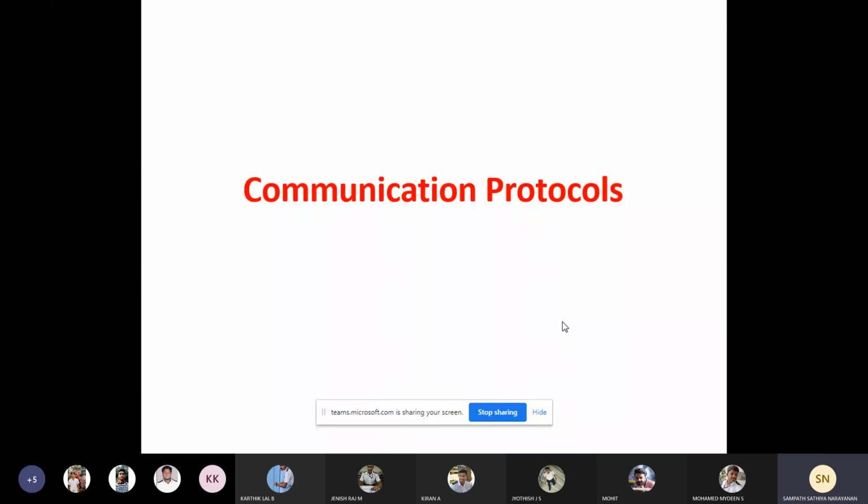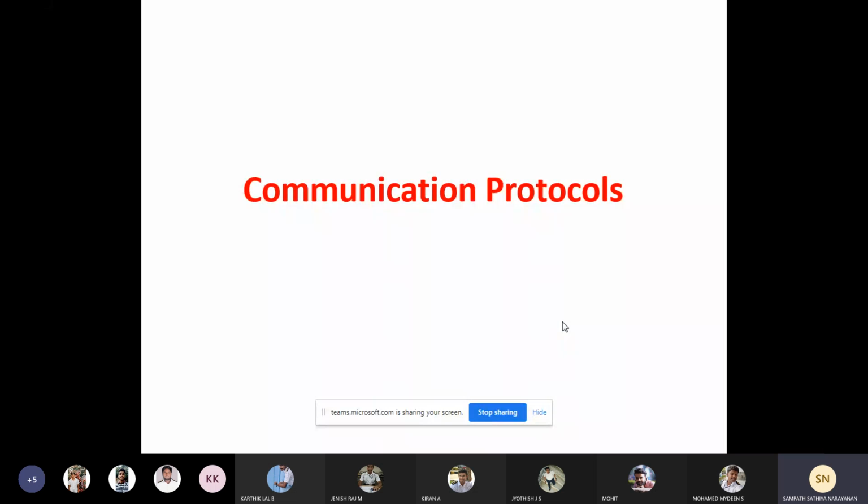Similarly, the receiver sends an acknowledgement signal. If the transmitter has sent data, the receiving device also will send an acknowledgement signal. So there will be signal exchanges between the transmitter and receiver.